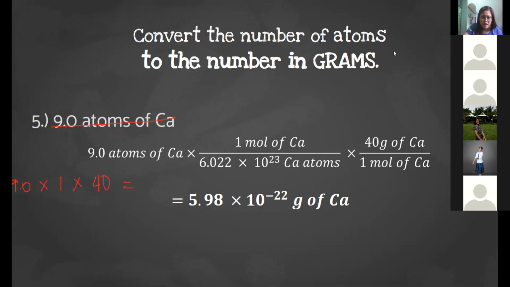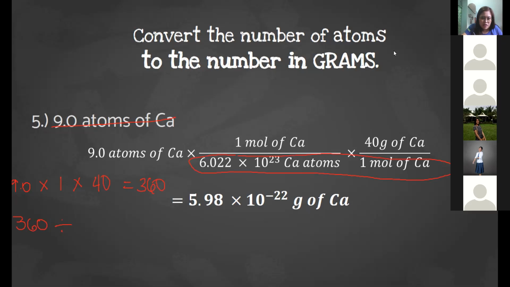So again, you will get 360. And then this 360, we divide it by this one, 6.022 times 10 raised to the power of 23 times 1.